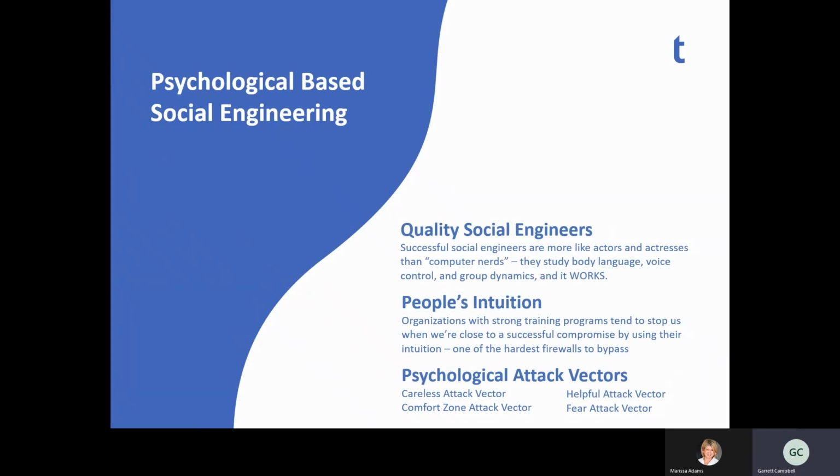All right, so let's talk about psychological-based social engineering. Successful social engineers are more like actors and actresses than computer nerds. They study body language, voice control, group dynamics, and all of it works. We're going to show you more information from verified studies on how the psychological aspect of these attacks can be combated and, more importantly, how it's leveraged.